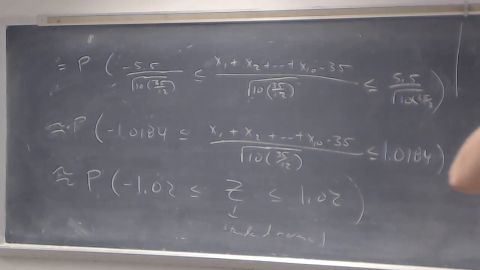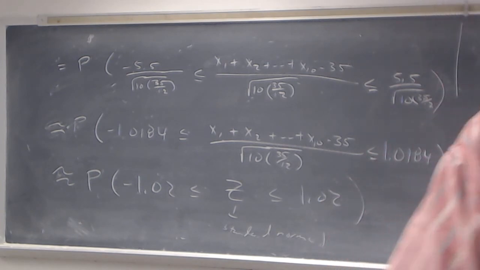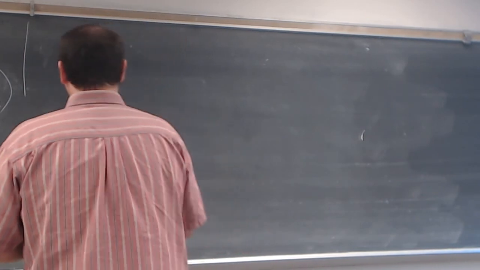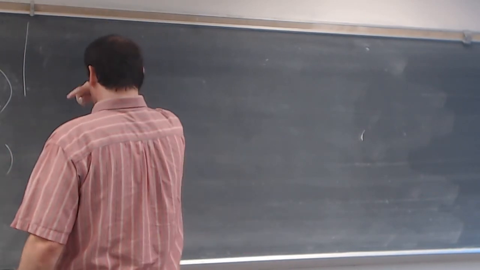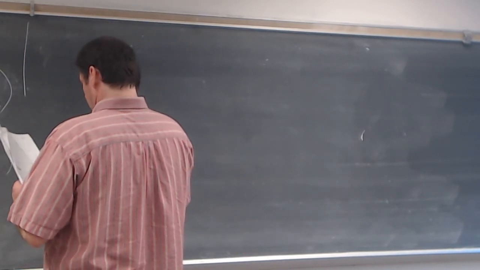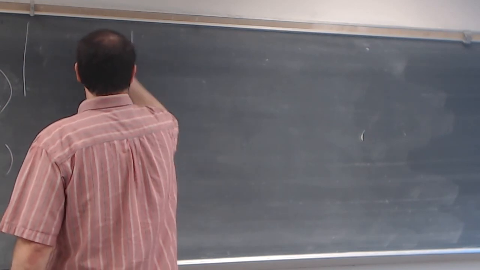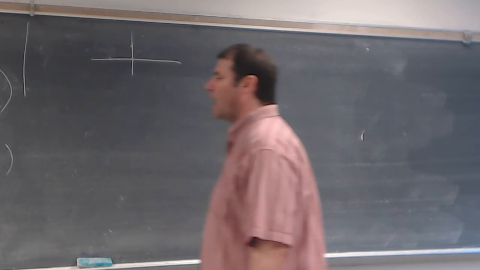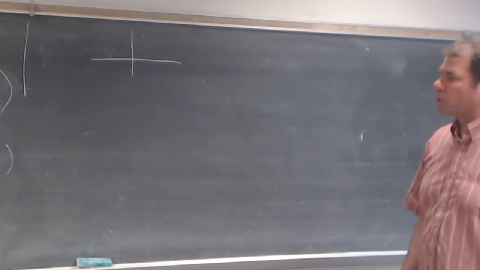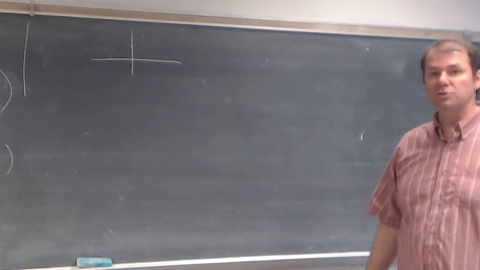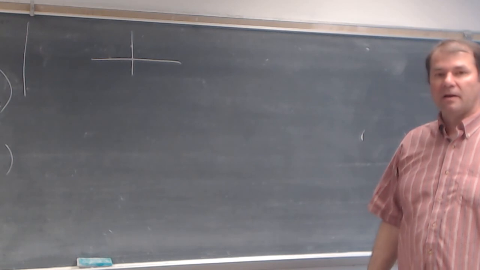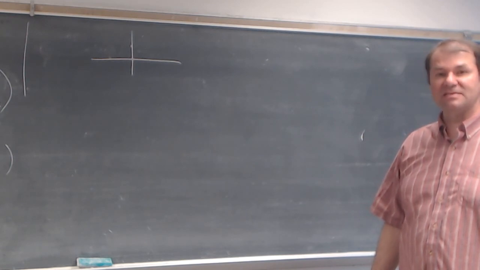Okay, so how do we compute that probability? Well, we'd have to integrate the standard normal's PDF over that region. And really, in terms of symbols, the PDF of the standard normal is 1 over the square root of 2 pi, times e to the minus z squared over 2.